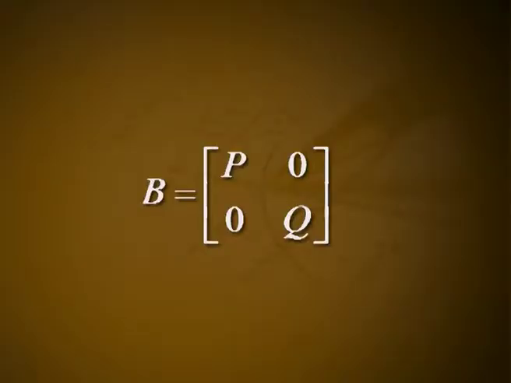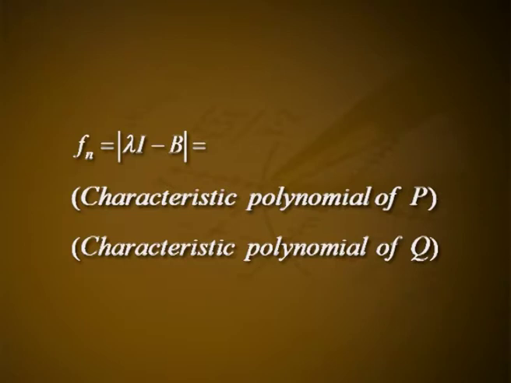It can be verified that Fn is the characteristic polynomial of B, that is Fn equal to determinant of lambda I minus B. When any of the beta i values becomes 0, then the system degenerates as B equals the matrix with P, 0, 0, Q. Then Fn equal to determinant of lambda I minus B equals the characteristic polynomial of P times the characteristic polynomial of Q. If none of the beta i values are 0 for i equal to 1, 2, etc.